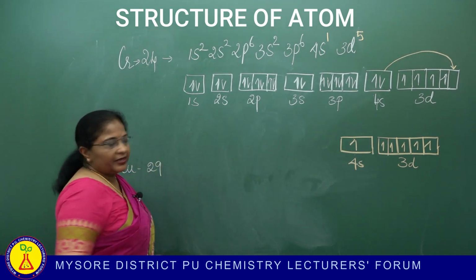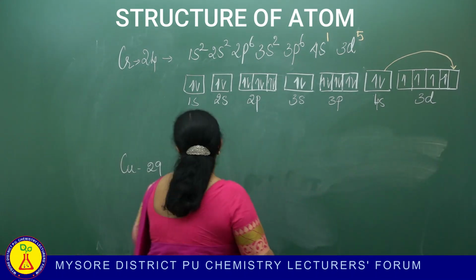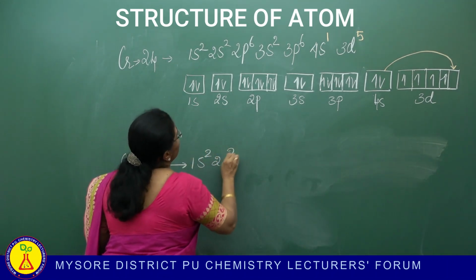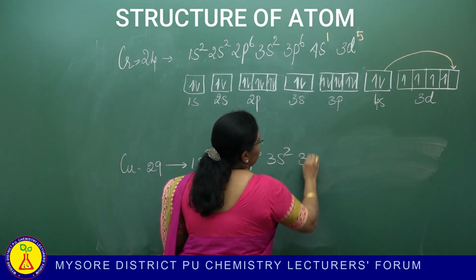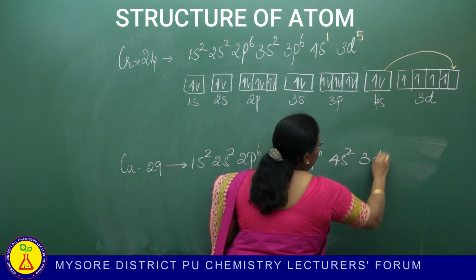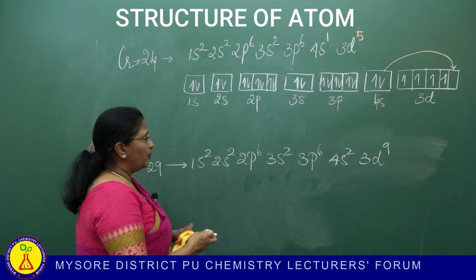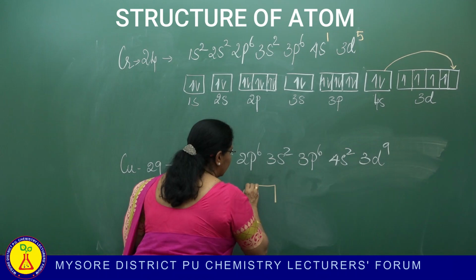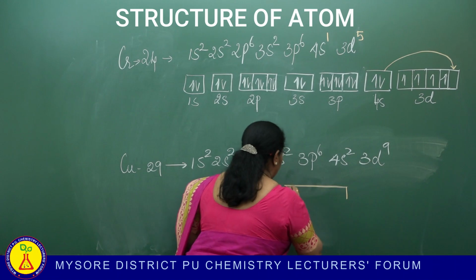So when I write the electronic configuration, it is going to be 1s2, 2s2, 2p6, 3s2, 3p6, 4s2, and you expect it to be 3d9. So let me put the box diagram. I will put the box diagram only for 4s and 3d.